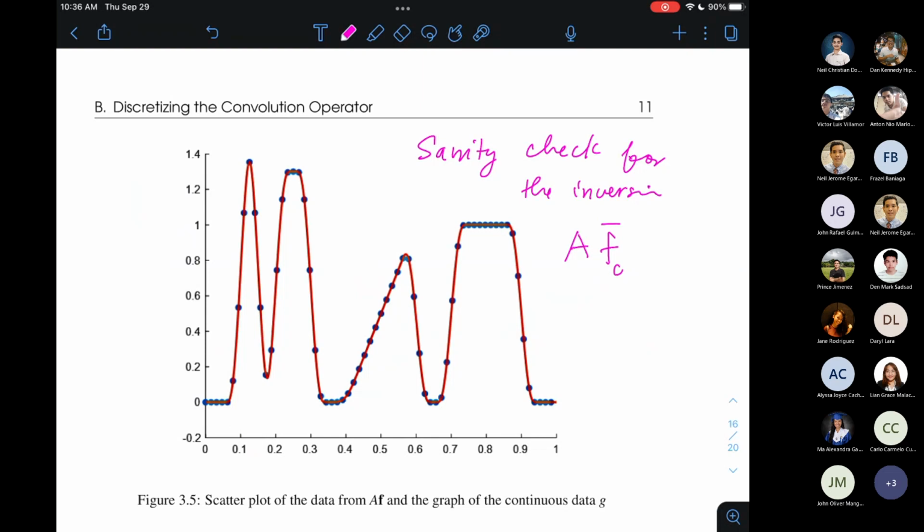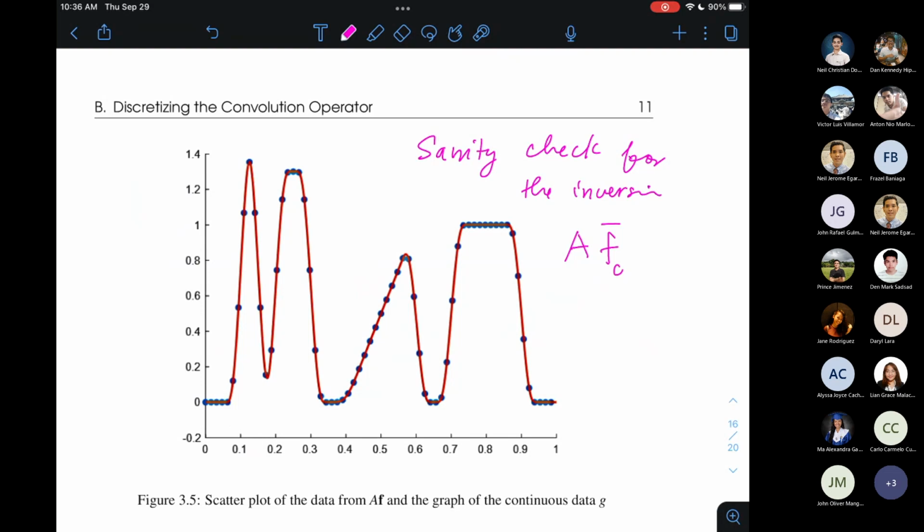Ngayon, minultiply ko ulit siya sa kay matrix A para malaman ko kung maayos yung inversion. Kasi, ill-posed din yung pagkuha ng inverse, lalo na kapag malaki yung matrix. So medyo posible magkaroon ng anomaly pagko-compute ng A inverse. So gusto ko muna makasigurado na maganda yung pagkaka-compute ng A inverse.